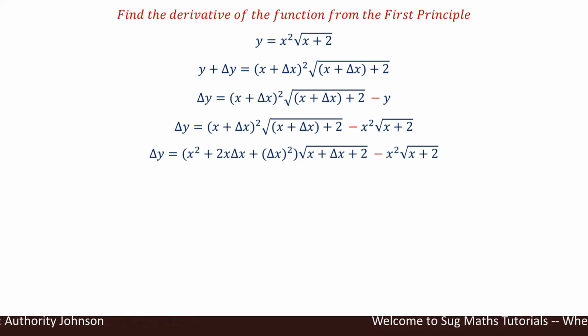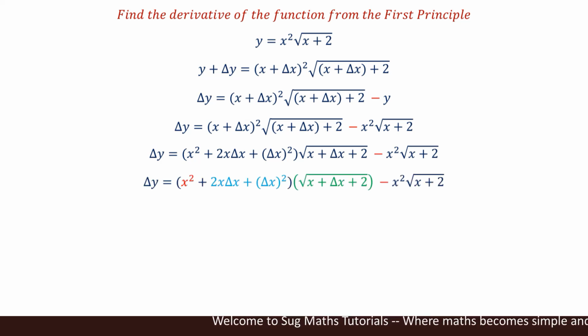Now look at this very well. Look at this very well. If we want to expand this very well, right? Meaning we are going to use this square root of x plus change in x plus 2 to open the bracket. Is that true? Meaning that this square root is going to multiply each of these terms in this bracket, right?